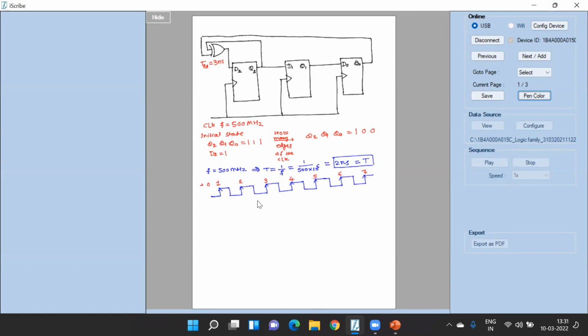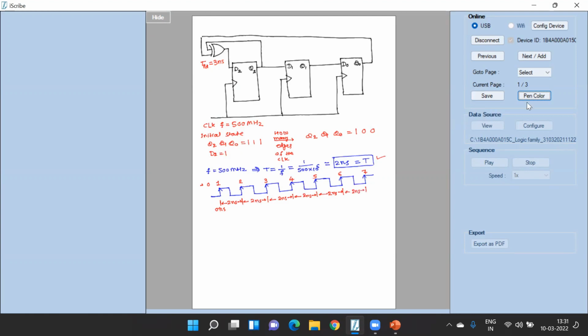My first edge happens at 0 nanosecond, and each cycle is of 2 nanoseconds. I'm marking 2 nanoseconds for each cycle.